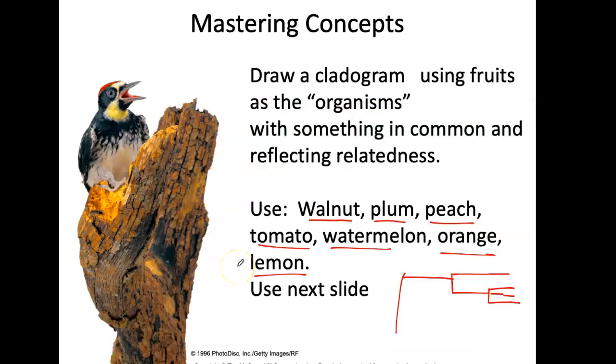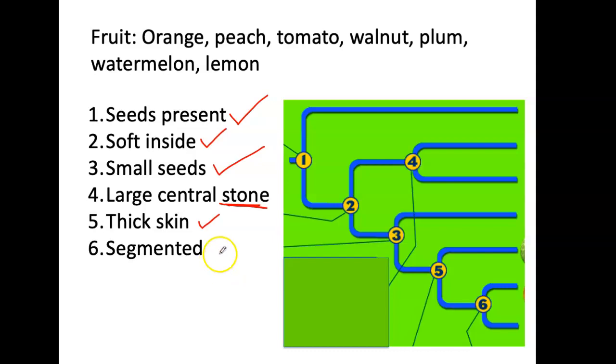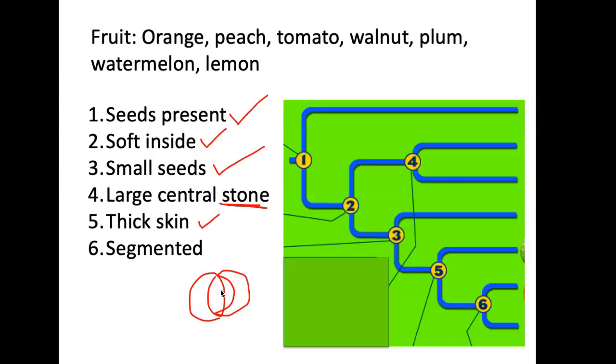And then some are going to be segmented, which means it's got pieces like this. Oh my gosh. Like an orange. That doesn't look very good. So they have slices, essentially. They have their own slices, which means segmented.